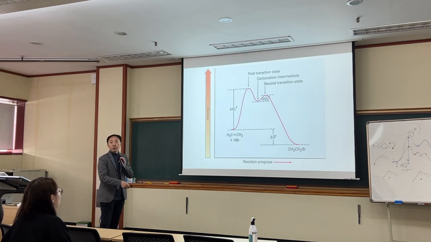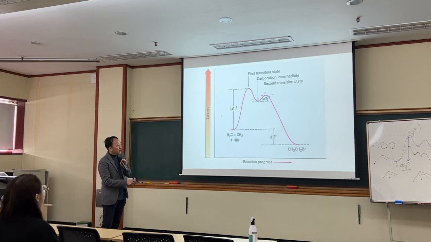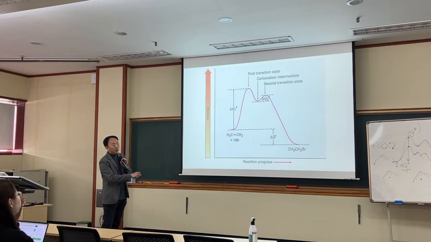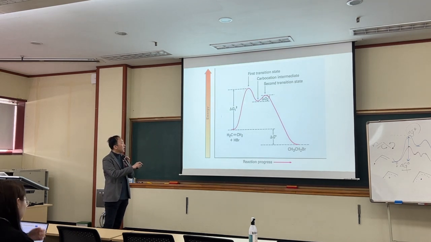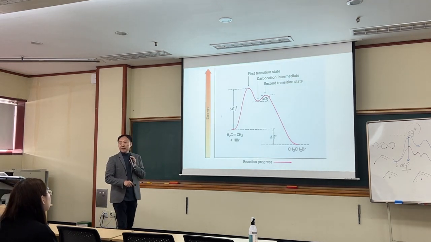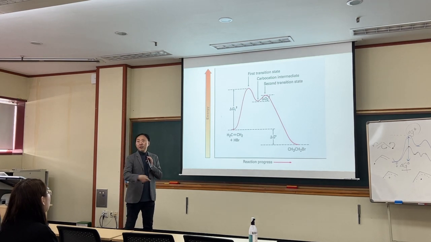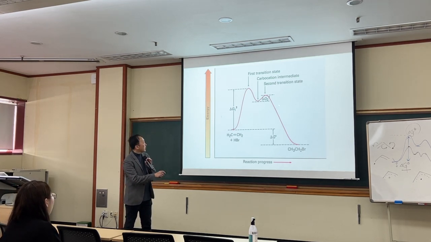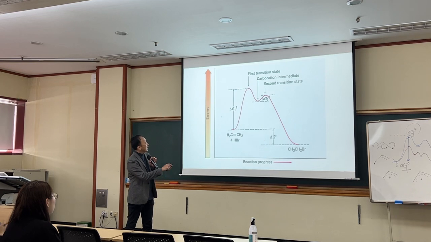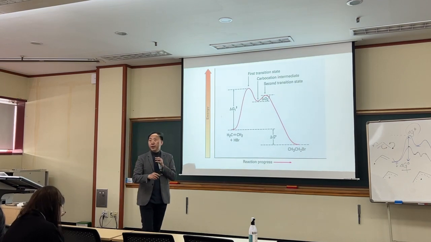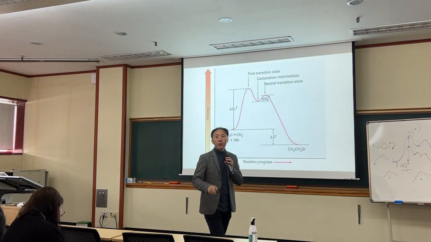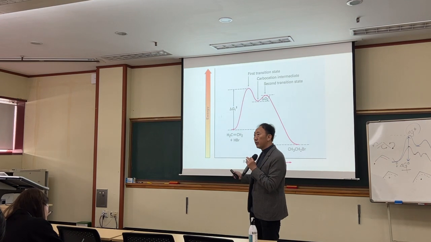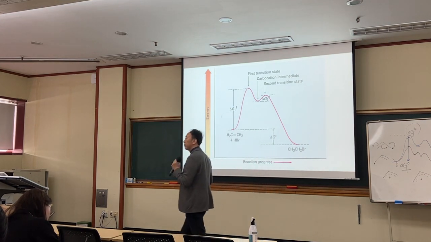We just assumed this reaction goes this way, then the activation energy should be this one, and the rate-determining step is also this one because this is bigger than this. But if you consider the reverse reaction, then you should consider this one as the activation energy because it has to come back here and then come over. That depends on which direction you look at the reaction. Okay?